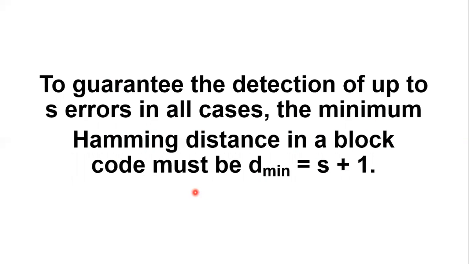If our code is to detect up to s errors, the minimum distance between the valid code words must be s plus 1, so that the received code word does not match a valid code word.